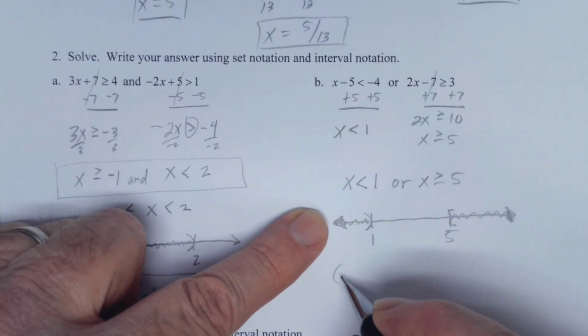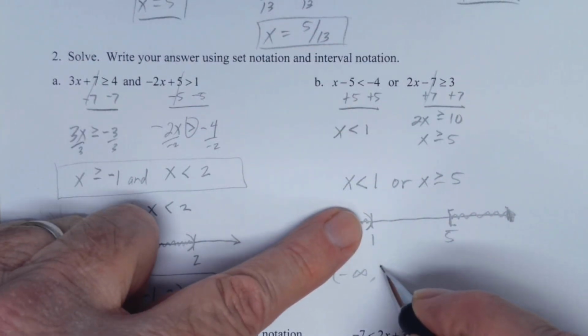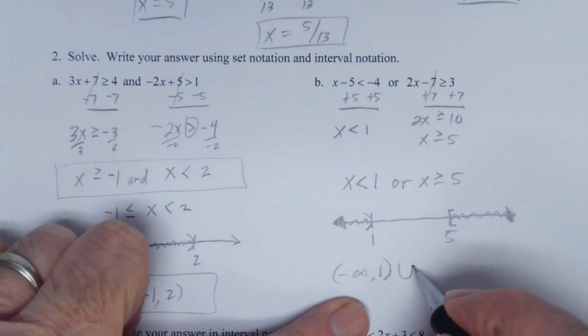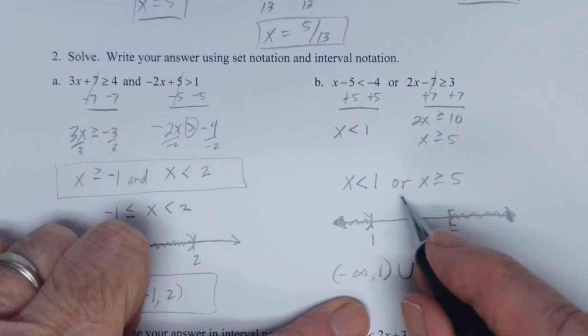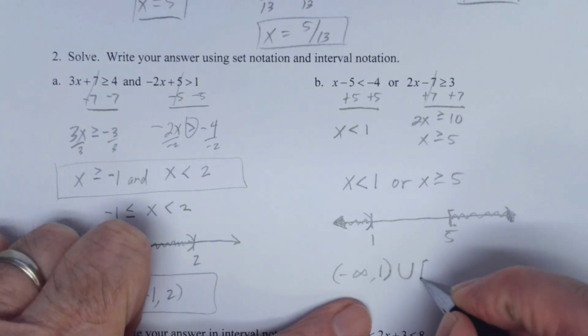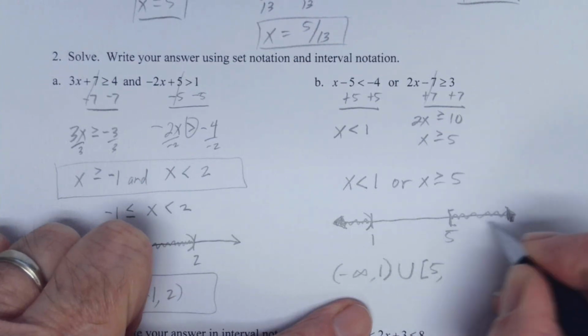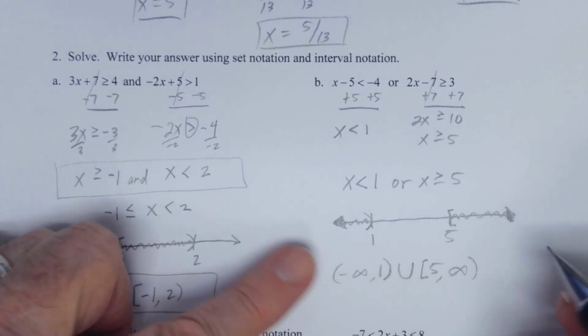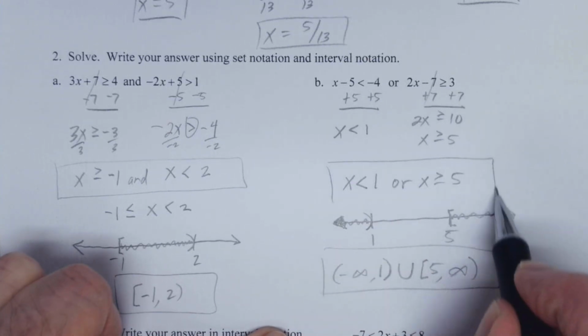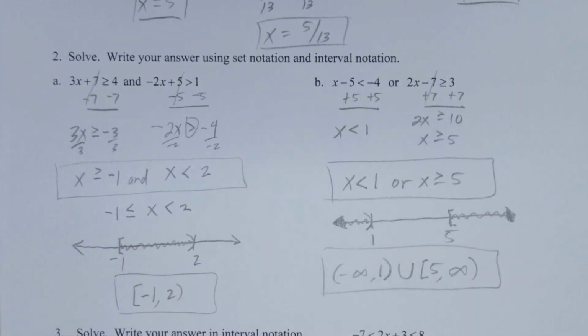So we start at negative infinity, and then up to 1, and we'll have a parenthesis. And then we'll use the union symbol, which is the same as using or, has the same basic meaning. And then we have 5 to positive infinity. And so that's how you would write that in interval notation. This is how you would write it in set notation. All right, let's move on to number 3.